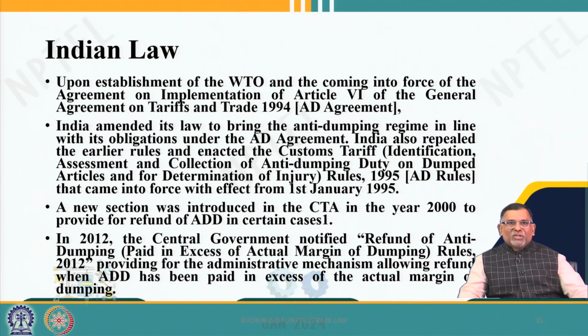And you can see the provisions made in 2012: refund of anti-dumping duty paid in excess of the actual margin of dumping rules 2012. Remember, the anti-dumping agreement was in 1995, and we made rules for the refund of duties in 2012 only, after 12 years. So it made the administrative mechanism for refund of duties.